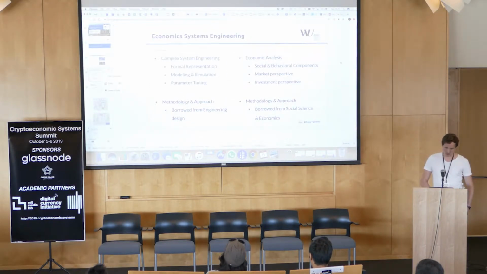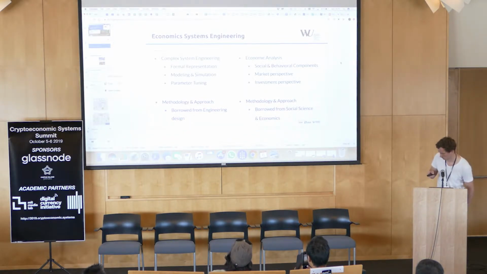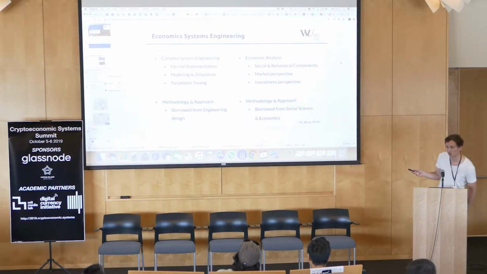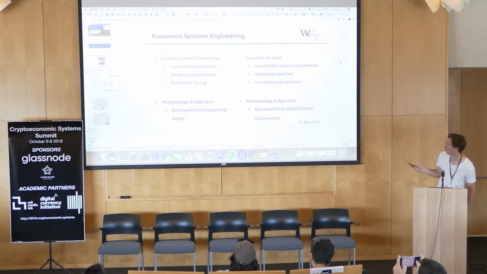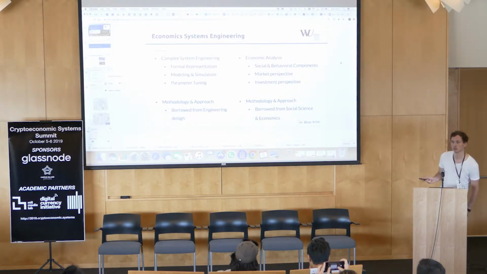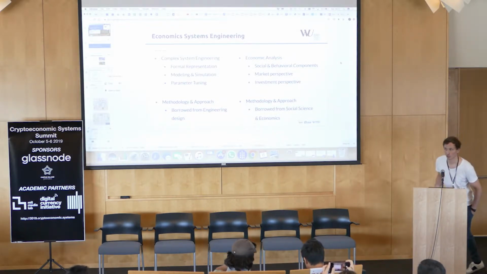And now we're talking about economic system engineering. So we want to borrow the methodology from complex system engineering. This is what Michael was talking about in the morning, and we want to synthesize it into the economic analysis. So we have the domain of economics, and we want to use the methodology from complex systems engineering. And how are we going to do this?